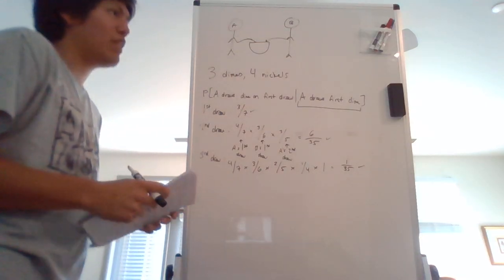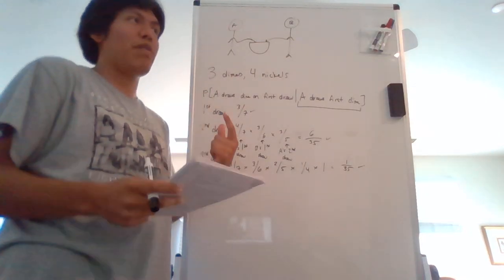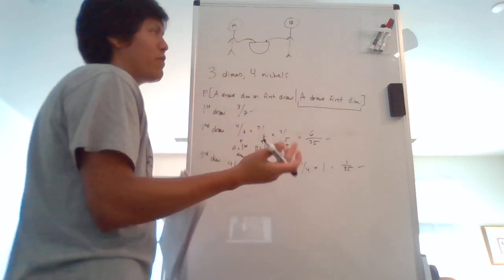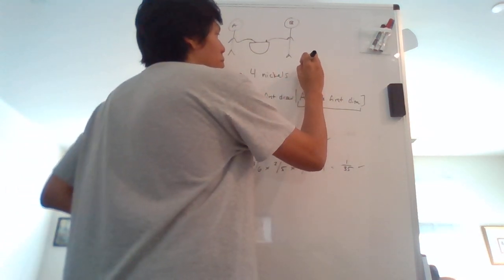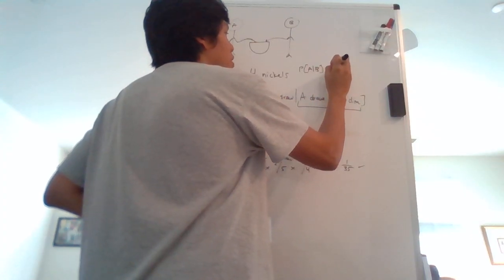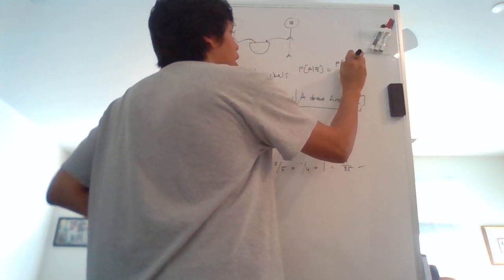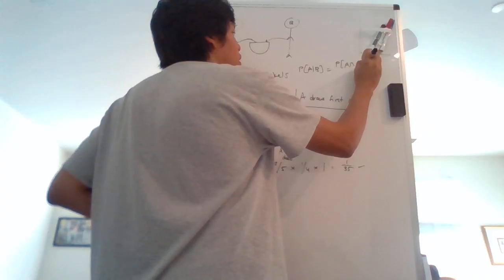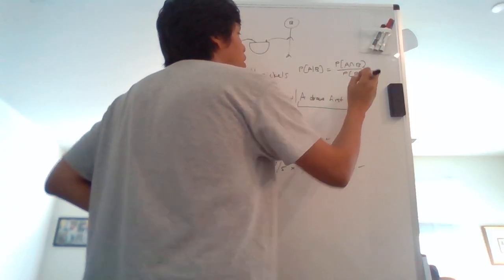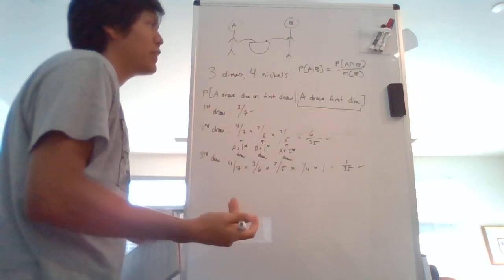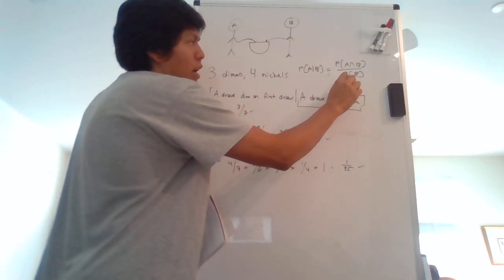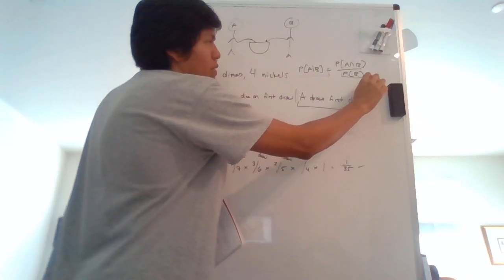Now, if you remember from the conditional probability chapter, the formula for conditional probability, right? It's the probability of A given B is equal to the probability of A intersect B over the probability of B. Right? So we want to find this, and we already have this probability of B.